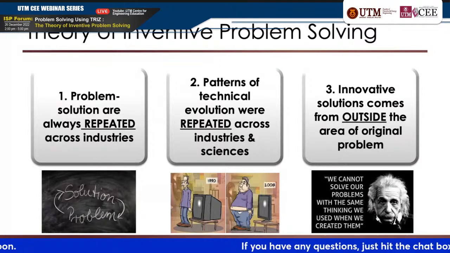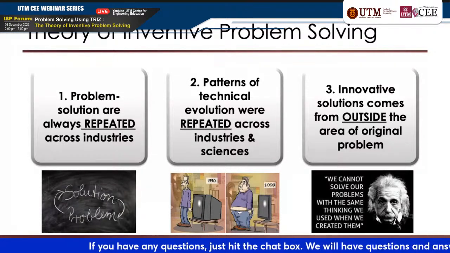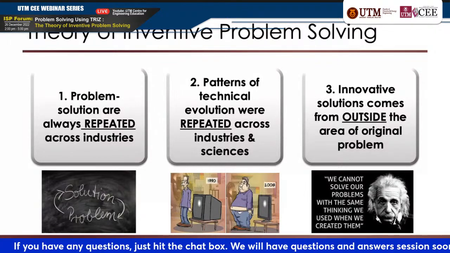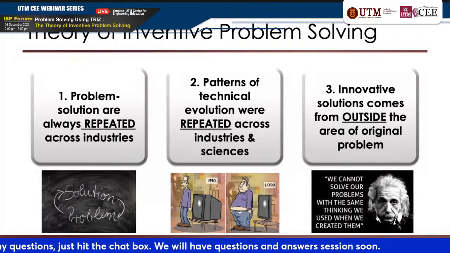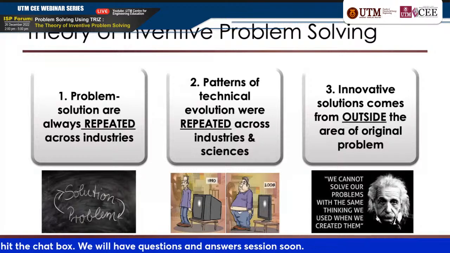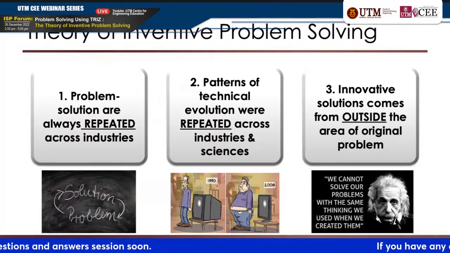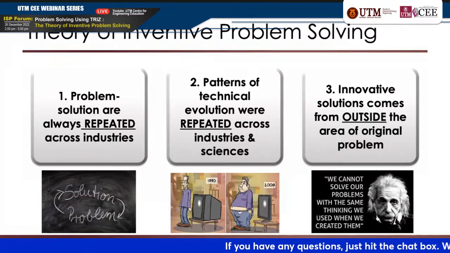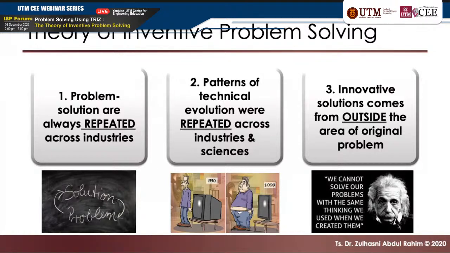And the last part is innovation as defined by Altshuler: innovation is outside the original domain of your problem. Meaning that if I have a mechanical engineering problem, there will be a faster, better, and cheaper solution coming from outside the domain of mechanical engineering.